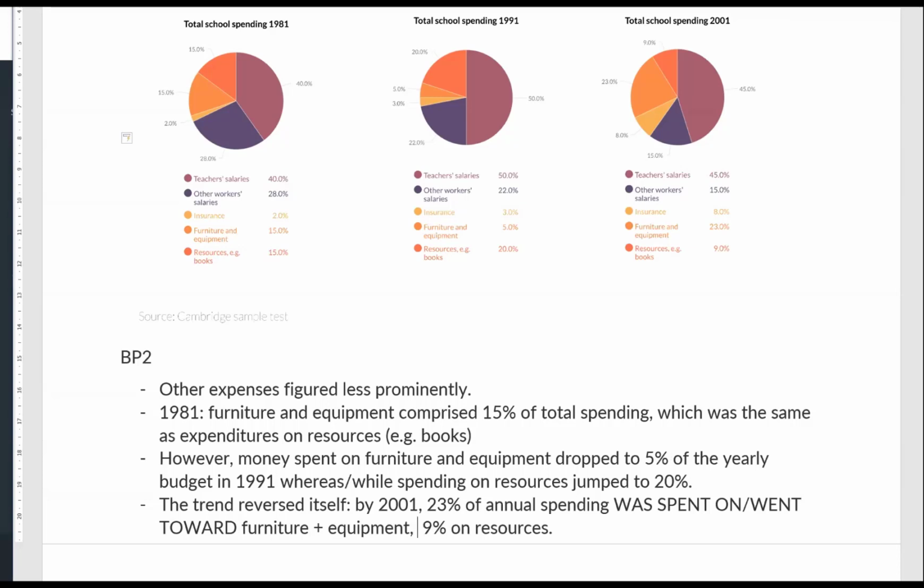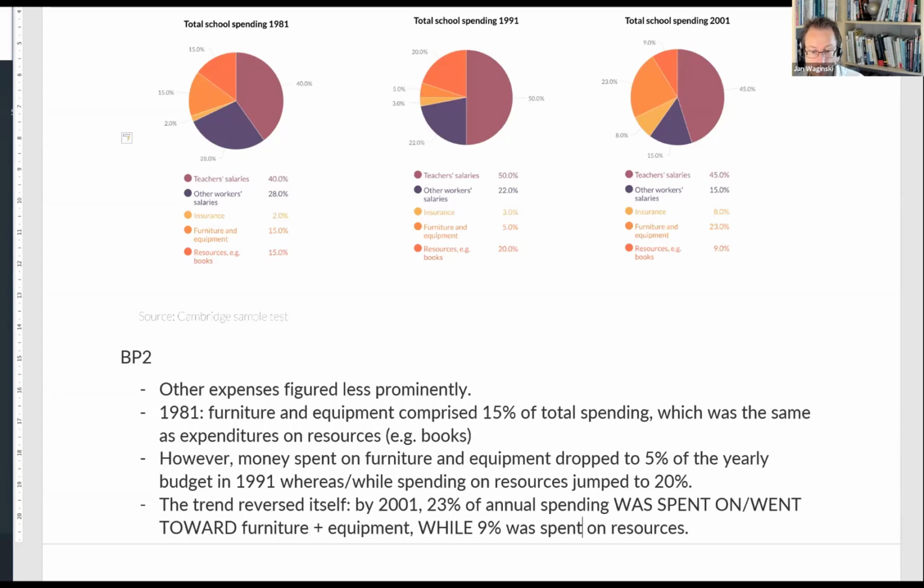While 9% went. Okay. Same thing. Was spent on resources. Right. You can choose between these, was spent on, and then in the next one, went toward.